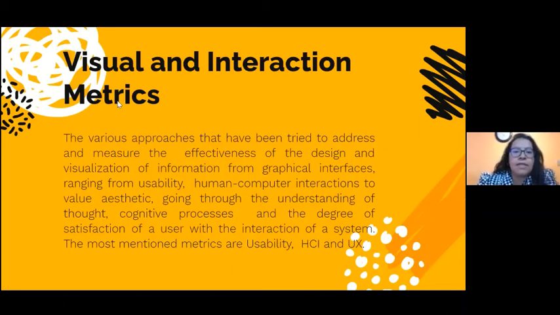The various approaches that have been tried to address and measure the effectiveness of the design and the visualization of information for graphical interfaces range from usability and human-computer interaction to aesthetic value, going through the understanding of cognitive processes and the degree of satisfaction of the user with the interaction with the system. The most mentioned metrics are usability, HCI, and UX.